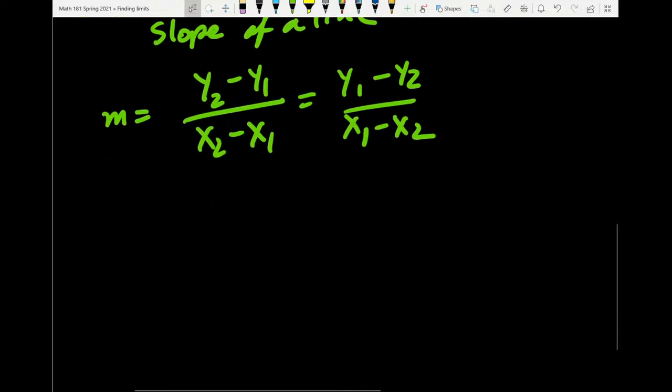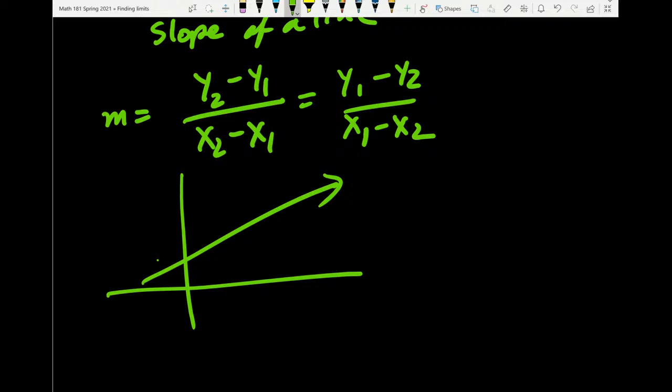Whenever you have this formula, what does that mean? You have a graph, and here's the line. You get 2 points right over here, let's say x1, y1, and this is x2, y2.